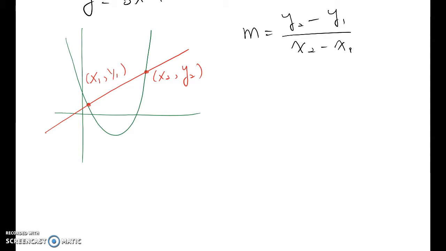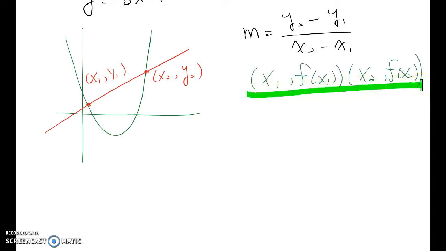Please pause this video for a second and think about it, and then come back to this video. If you think this way, you have the right idea. As I told you, y can be indicated by f(x), but also remember that the inside value must be the input value. As you know, these are our input values. Therefore, the functional notation must contain this value inside the parentheses here.